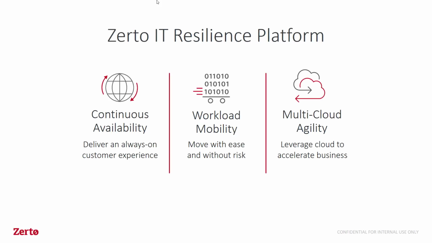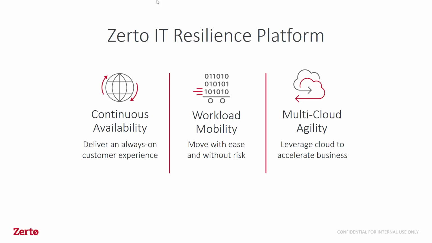So delivering on IT resilience is based on three key pillars. First, continuous availability, protecting against any disruption, whether planned or unplanned, to make sure you have that always-on customer experience.